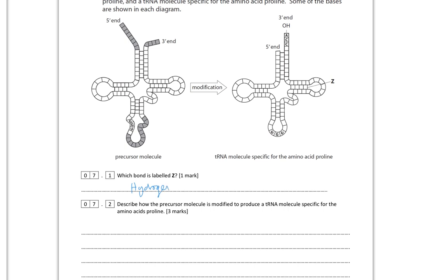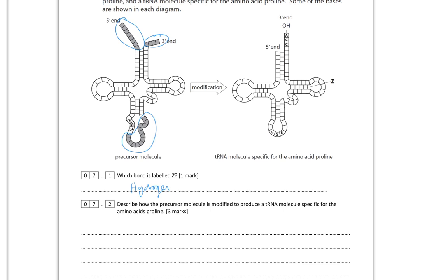And describe how the precursor molecule is modified to produce a tRNA molecule specific for this amino acid proline. Well, that's gone, and that's gone, and it looks like that's gone as well. So the shaded areas are removed. Nothing groundbreakingly difficult.